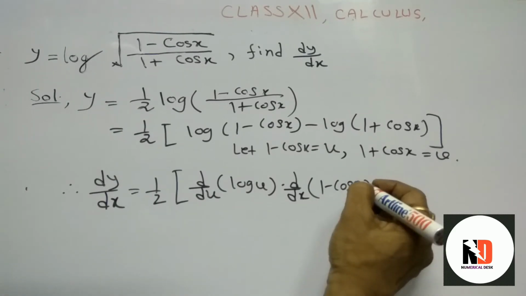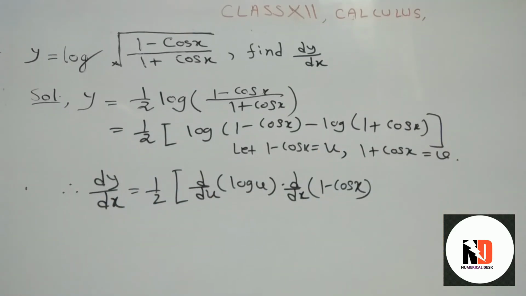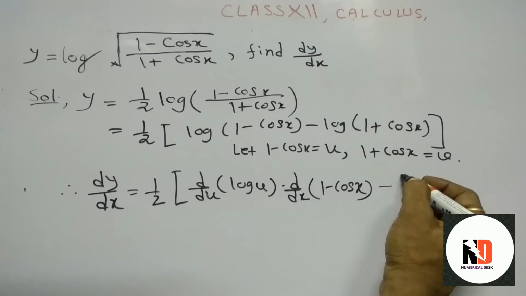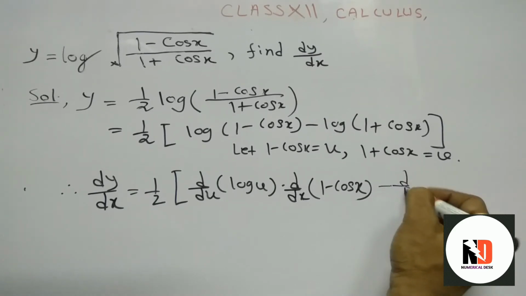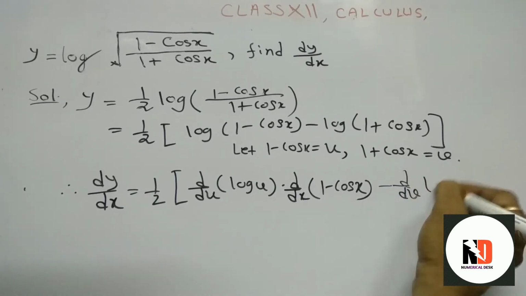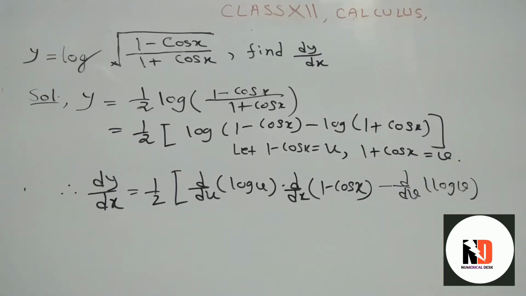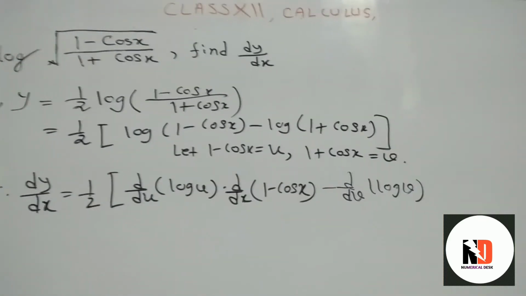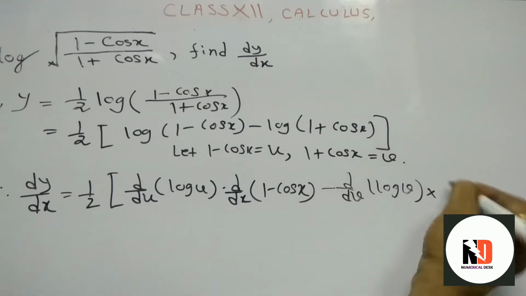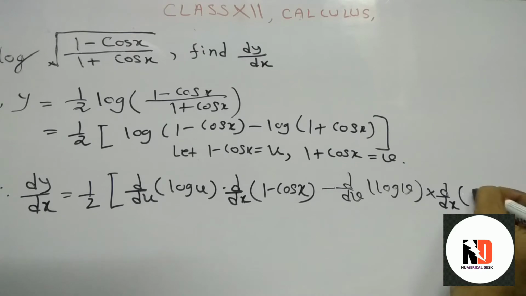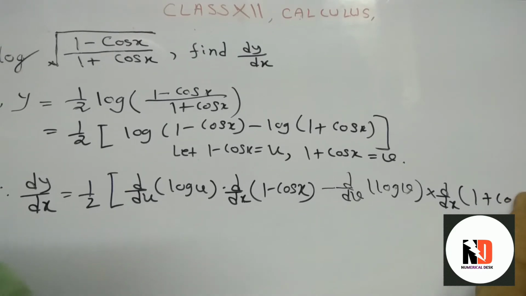Similarly for the second part we do what? In the same way we write d/dv, minus d/dv of log v. So log v is again easy to differentiate because it is in the standard form, and then again we have to multiply the second part in terms of differentiation.